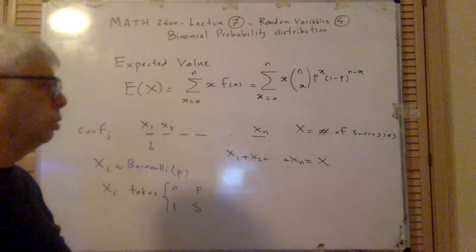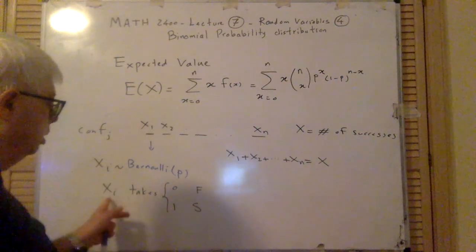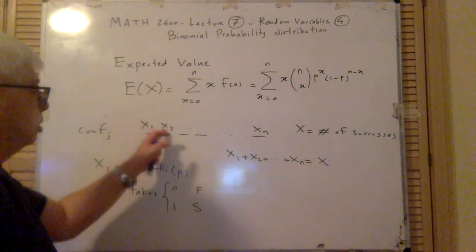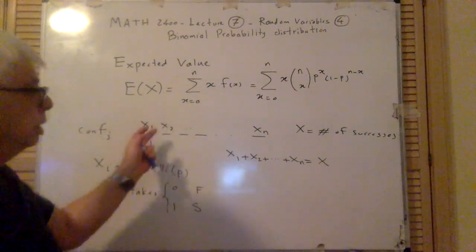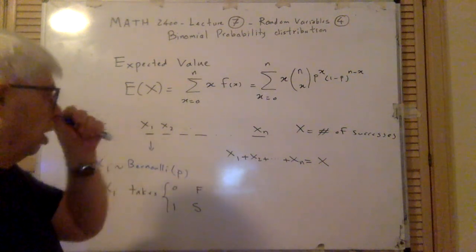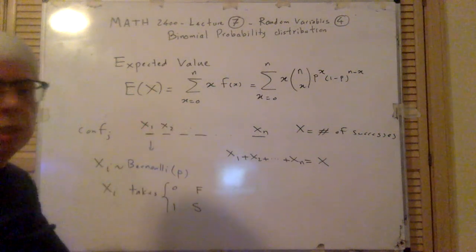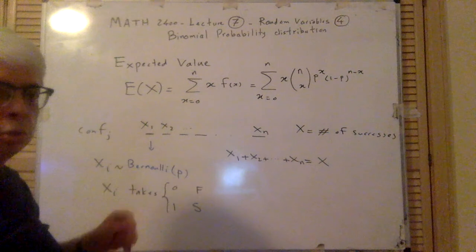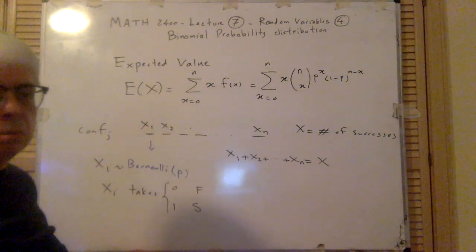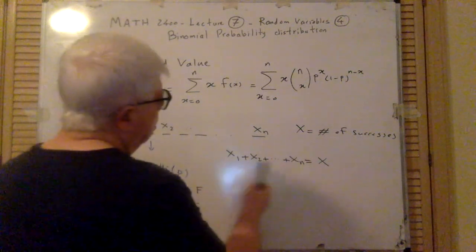Right? X is the number of successes. Each xi takes 1 for success. So if I have like 5 successes, 5 of them are 1. The rest are 0. So you might say, what are you talking about?